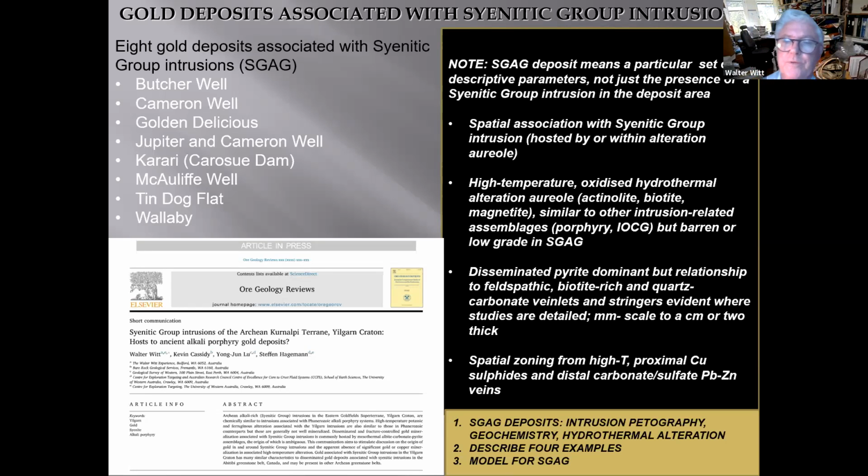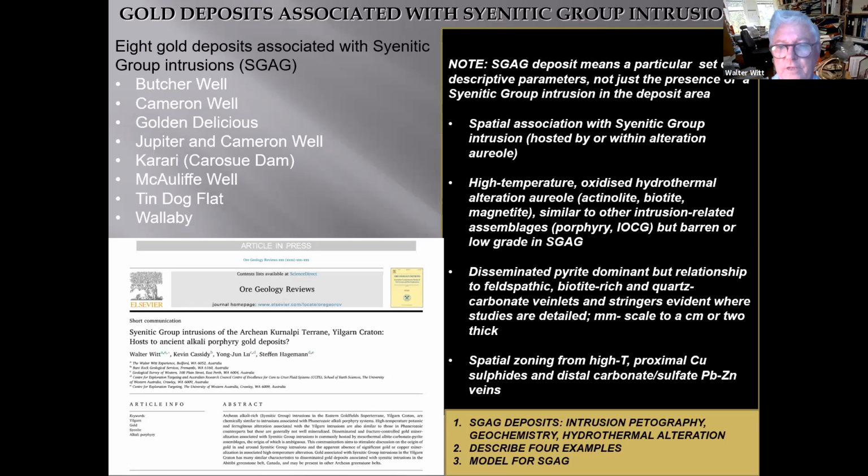The mineralization in these deposits is expressed as disseminated pyrite in mesothermal bleached alteration, which overprints the higher temperature alteration. This disseminated pyrite commonly shows a relationship to millimetre scale to maybe a centimetre or two thick feldspathic biotite-rich or quartz carbonate veinlets.